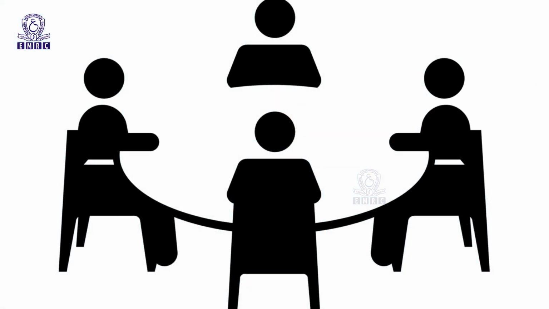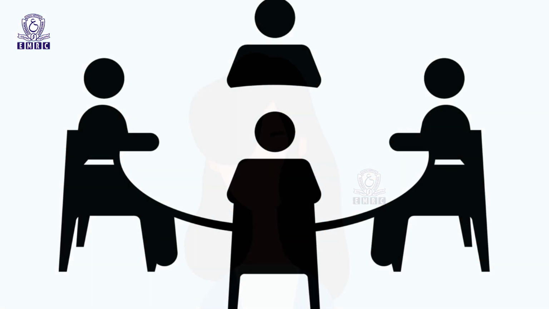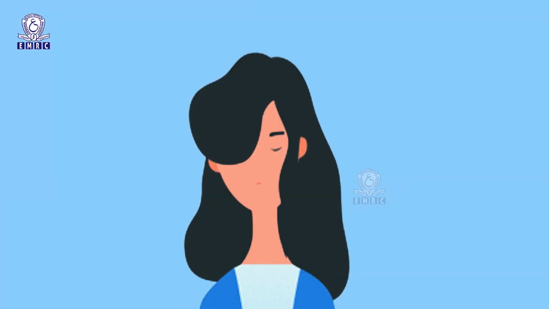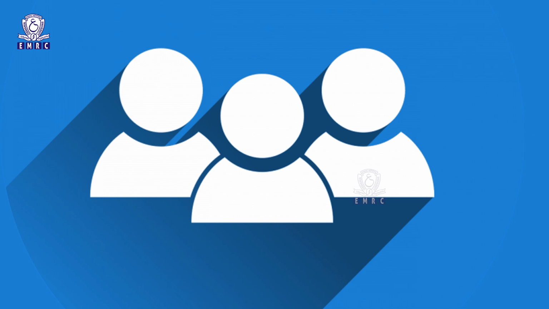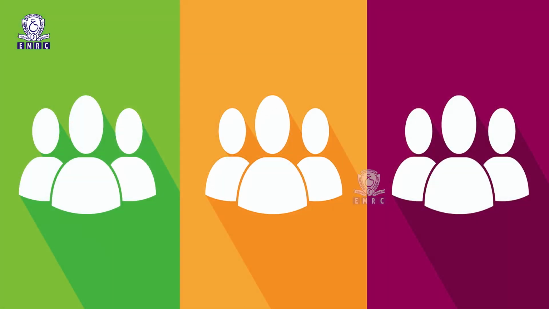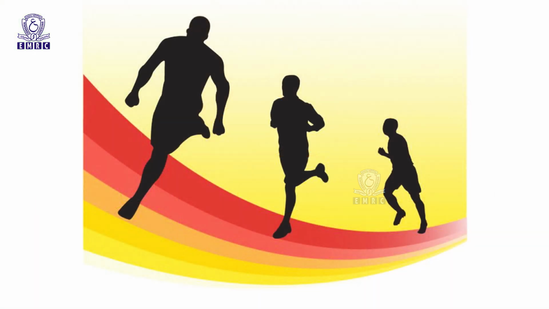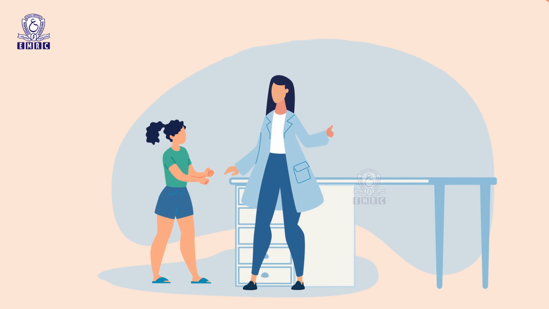A few common features of prejudice include negative feelings, stereotyped beliefs, and a tendency to discriminate against members of a group. In a society, we often see prejudices towards a group based on race, sex, religion, culture, and more.